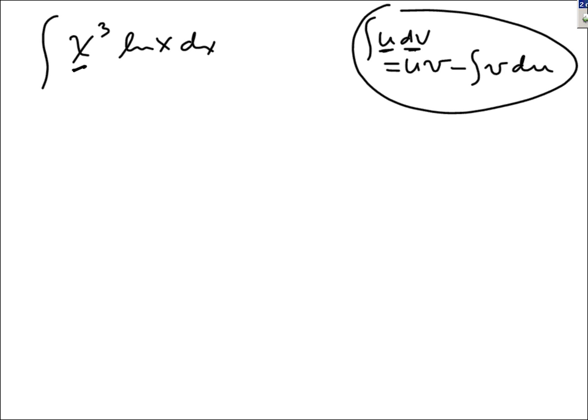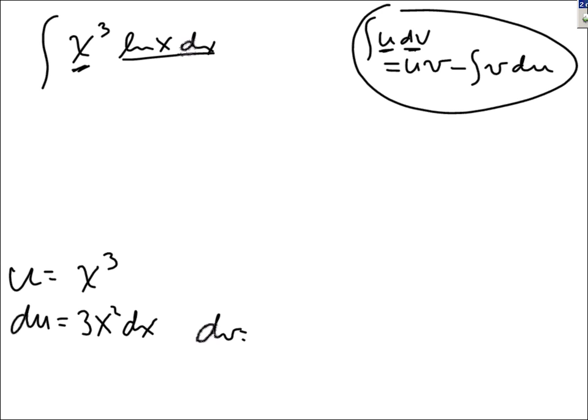I'm going to call that u and that dv. u is equal to x cubed, so then du will be 3x squared dx. And dv, okay, well dv is ln of x dx.